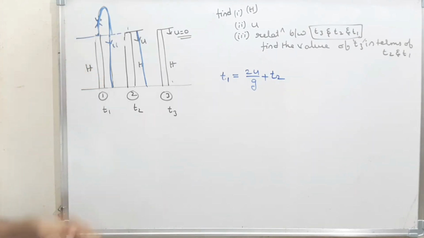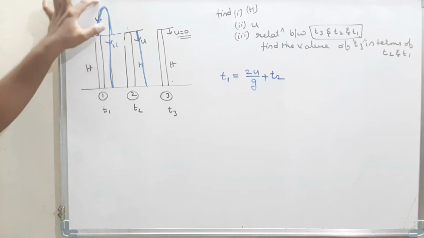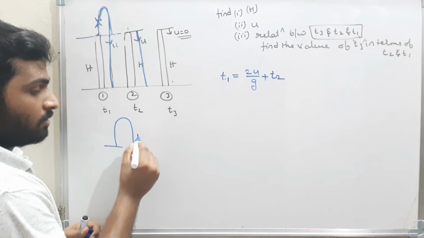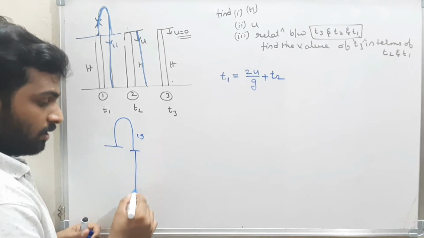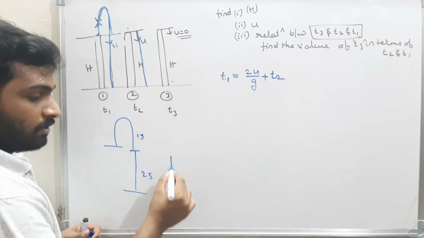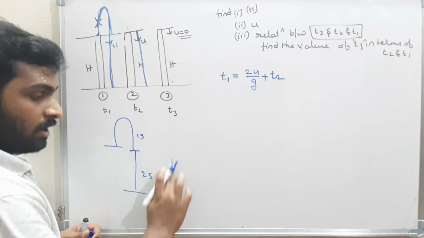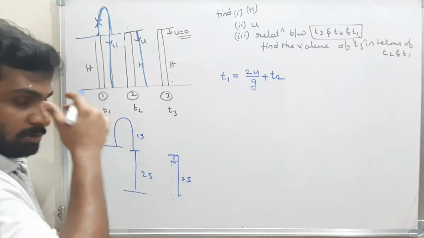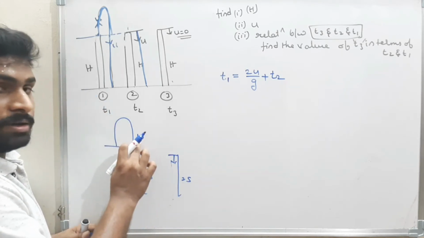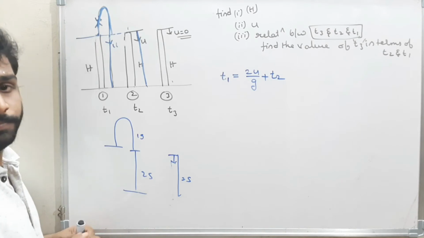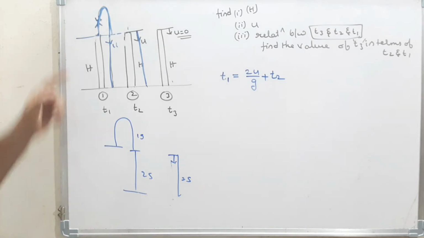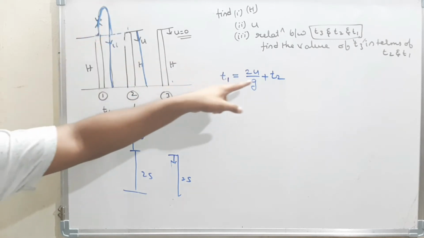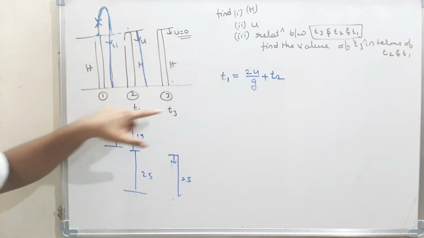Imagine the time taken by the body to move from here to here is 1 second. Again from here to the ground it is taking 2 seconds. Now for the second body, the body is directly projected from here. That means it will take just 2 seconds. That means the whole time is 1 second plus this time, that is 2 seconds. The same thing. The whole time t1 is equal to this time, that is 2u by g, plus this time, that is nothing but t2.